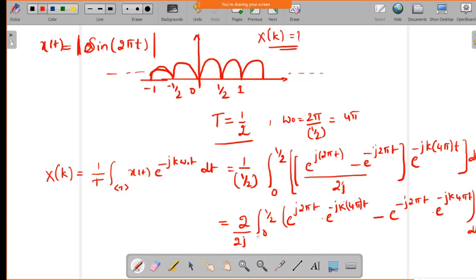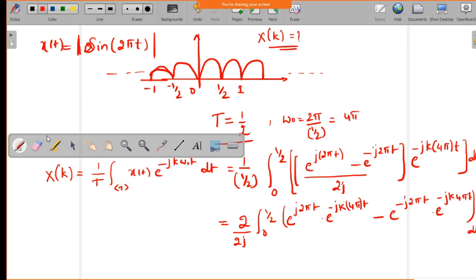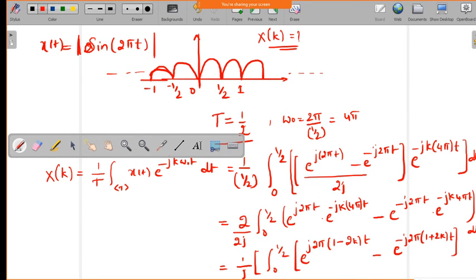So you will get 1 over j, 0 to half, e power j 2 pi into 1 minus 2k into t, minus e power minus j 2 pi into 1 plus 2k into t. These are the terms we get. Now into dt, integrate this and we will get x of k.